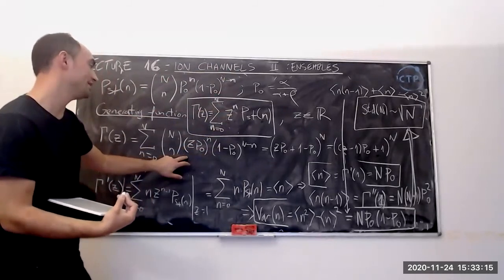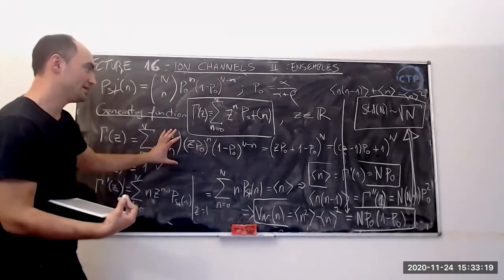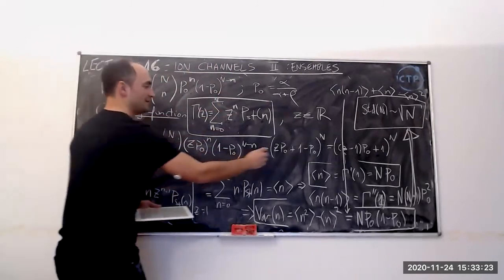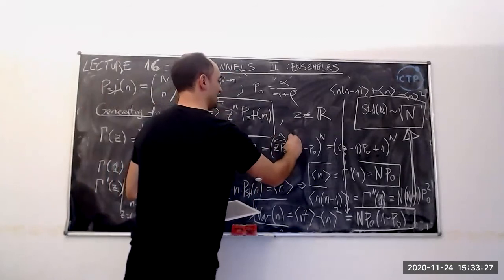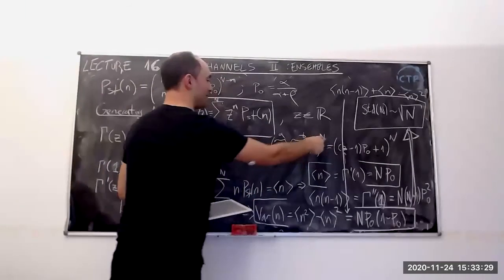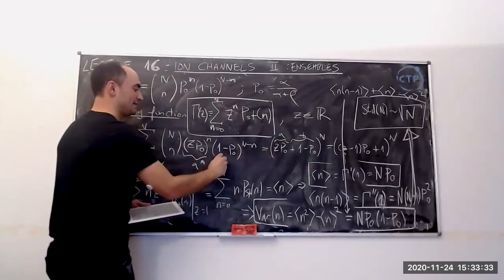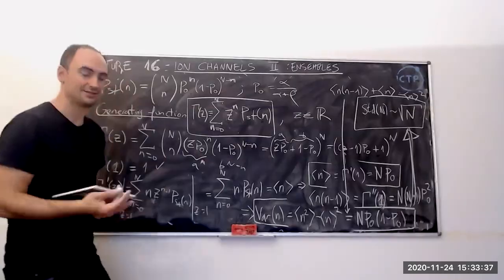And this has the structure of the binomial formula. If you do A plus B, this is A, and this is B. A plus B to the power n is A to the power n, B to the power n minus n, times the binomial coefficient. Yes, thank you. That's why you do this.